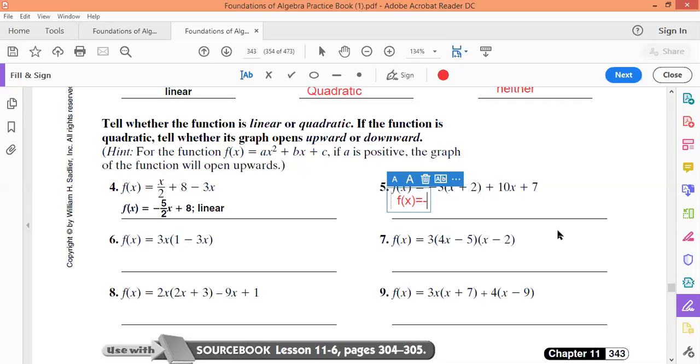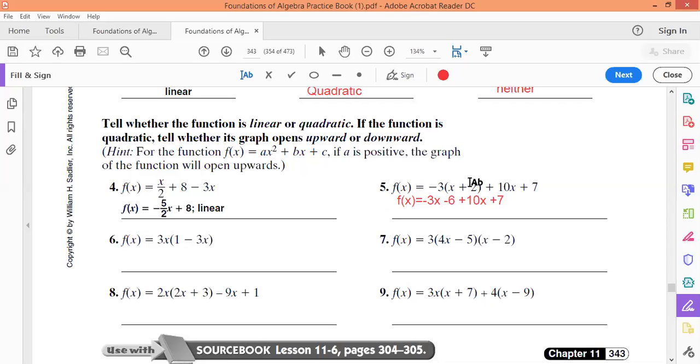It will be negative 3x when you multiply with x, and then plus negative 6, 3 times positive 2. Then plus 10x, the next term, and then plus 7. Is this step clear? I only multiplied negative 3 inside.